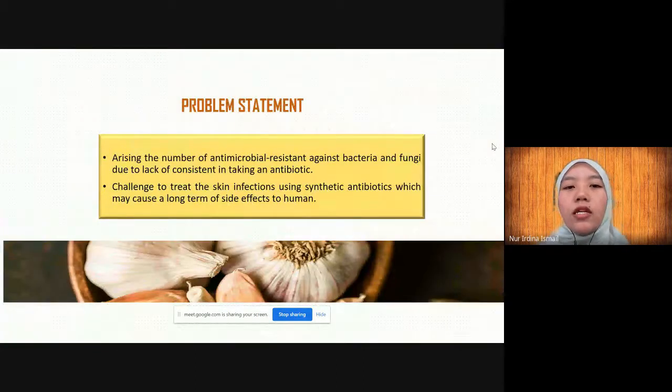Next, the problem statement. The problem of this study is the rising number of antimicrobial resistance against bacteria and fungi due to the lack of consistency in taking antibiotics. It is a challenge to treat skin infections using synthetic antibiotics, which may cause long-term side effects to humans.